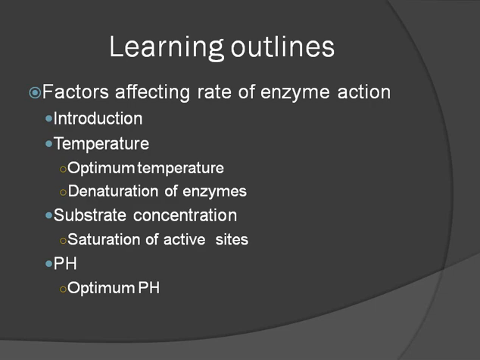Now come to learning outlines. What we discuss today. First of all, we discuss factors affecting rate of enzyme action. The subtopics are introduction, then the first factor is temperature, which includes optimum temperature and denaturation of enzymes.